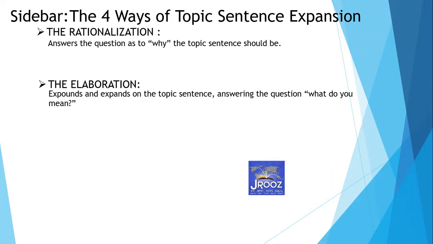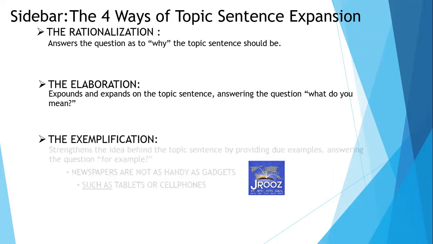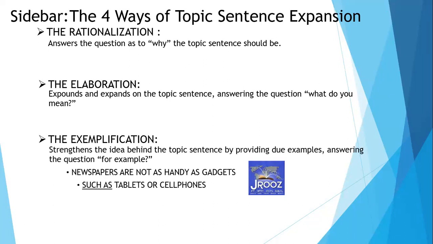And then the third topic sentence expansion is the exemplification. So this answers the question, for example, there's strengthens the idea behind the topic sentence by providing two examples answering the question. For example, so newspapers are not as handy as gadgets such as tablets or cell phones.